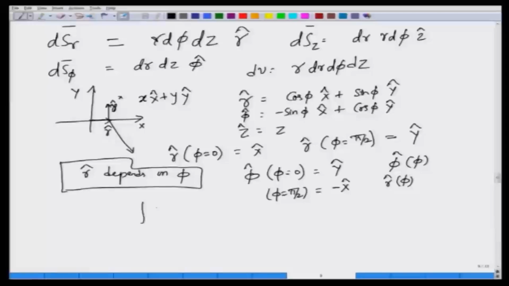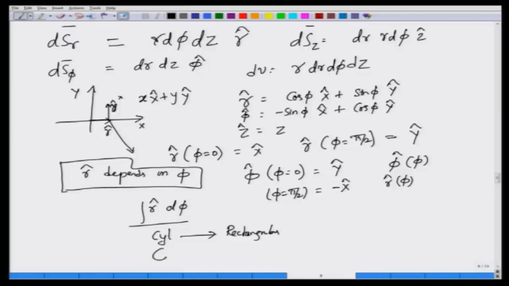If you try doing that same with an integral of d phi and you have an r vector in the cylindrical coordinate system, this r will depend on phi. So at different values it will depend on phi. So how do I solve these integrals? Turns out that these integrals can be solved provided you convert cylindrical coordinate system vectors into rectangular coordinate systems.